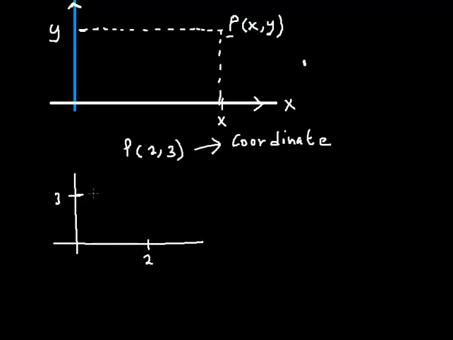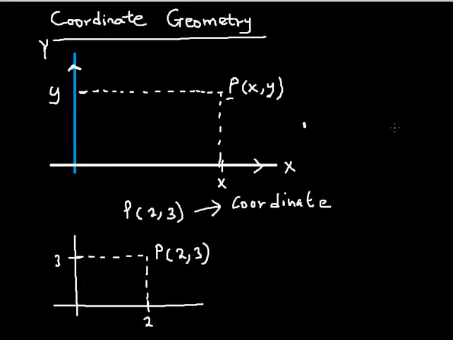The point where 2 and 3 intersect is exactly the point. So the point P is going to be where 2, the x coordinate, intersects with 3, the y coordinate. That is what we do in coordinate geometry. I hope that is well understood. All right, so now let's proceed.